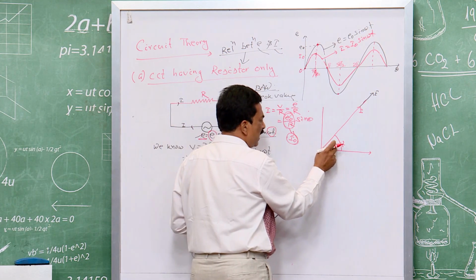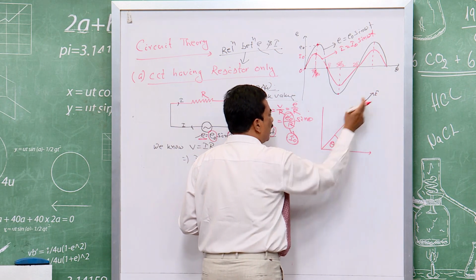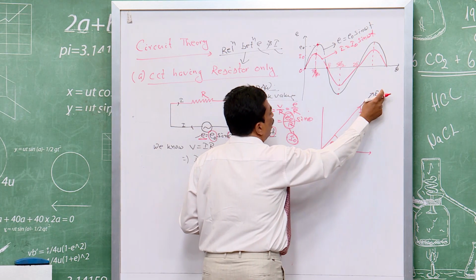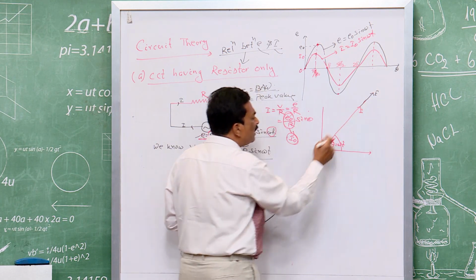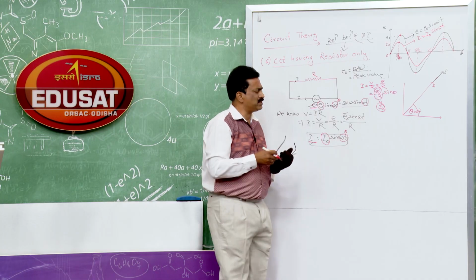With the same angle, on whichever line E is, on the same line I is there, but E is always ahead and I is behind on the same line, with its magnitude.